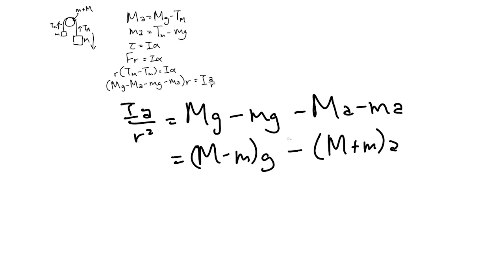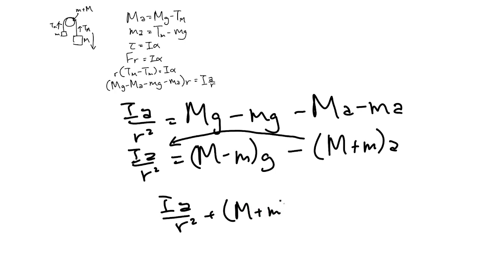We can write this out here again, because we're going to be moving this equation over here, and that's going to give us Ia over r squared plus (M plus m)a is equal to (M minus m)g.